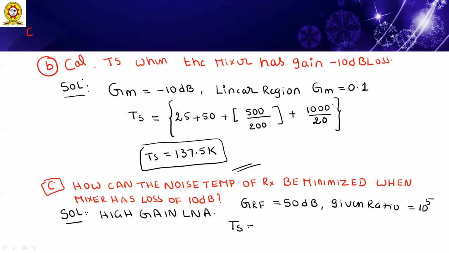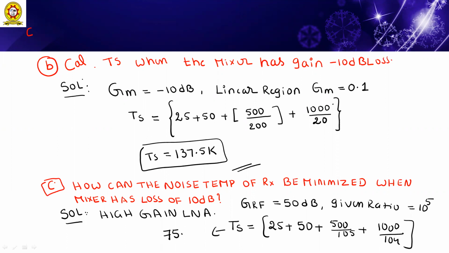Calculate TS: that equals 25 plus 50 plus 500 by 10 plus 1000 divided by 10 power, with the value obtained here 70.11. This is the way to solve this type of system noise temperature.